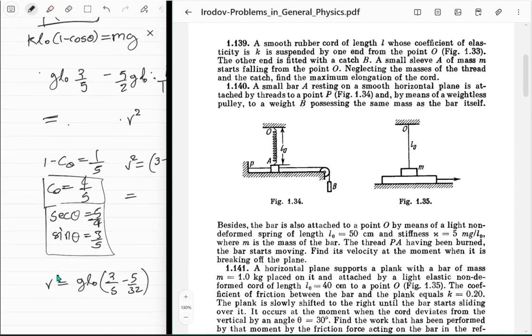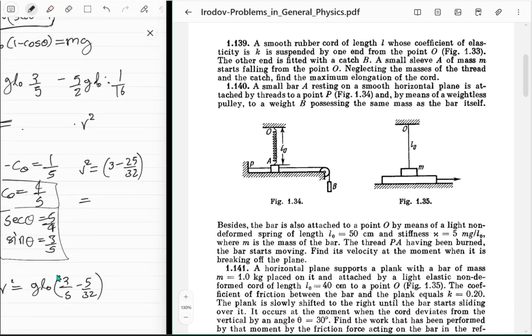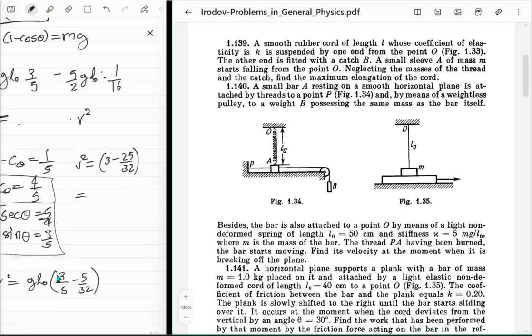Did I do something wrong? No, it was just 2m over here. That m got cancelled, and then you've got this thing. I'm tired. Fine, let's wrap this up with this calculation. It's going to be 96 minus 25 upon 32, which is 71 upon 32.